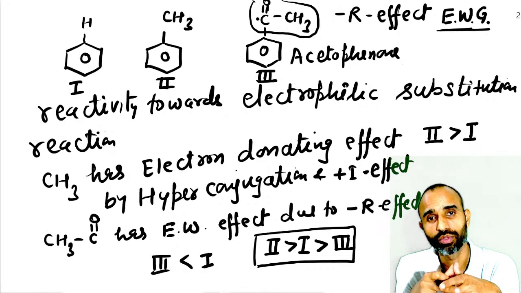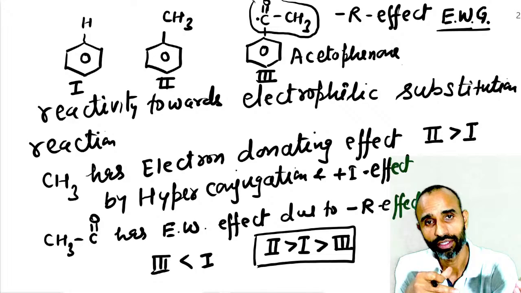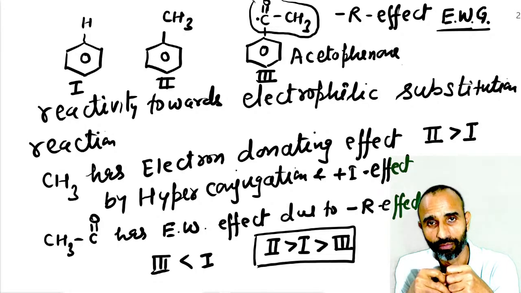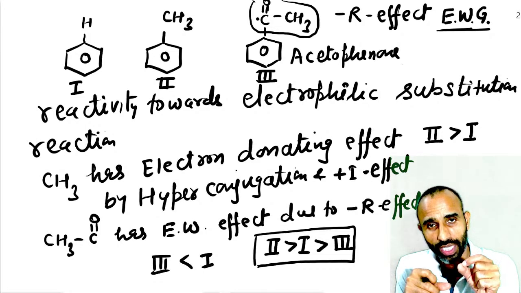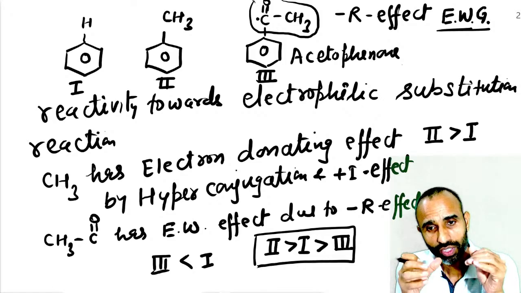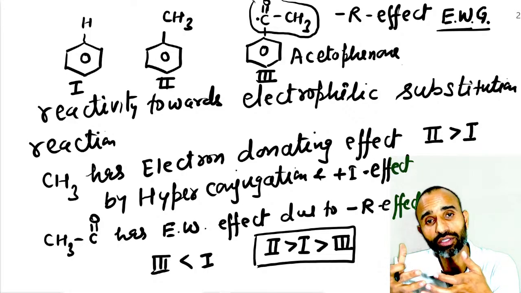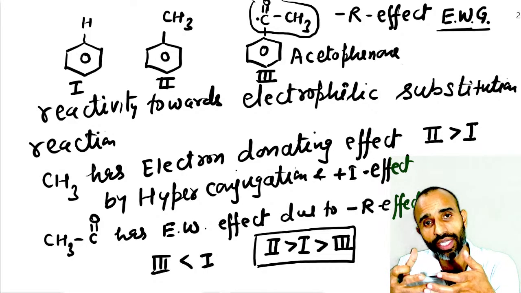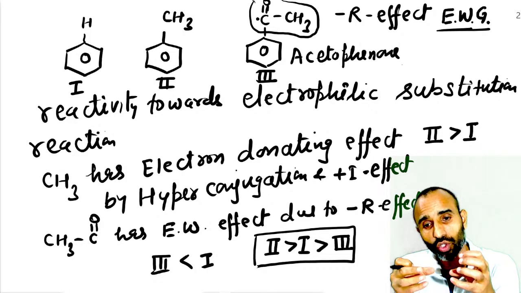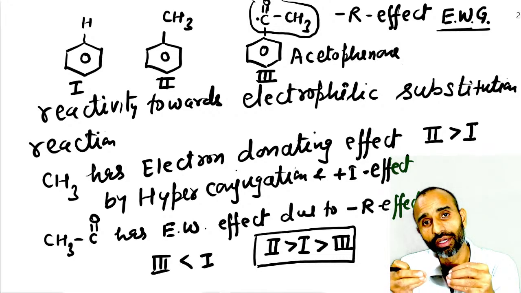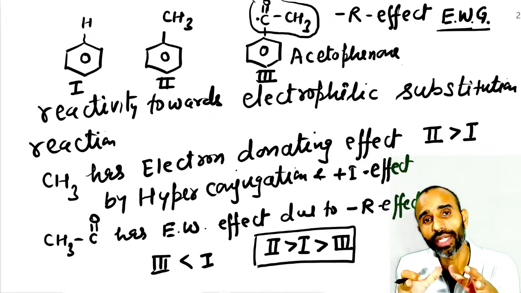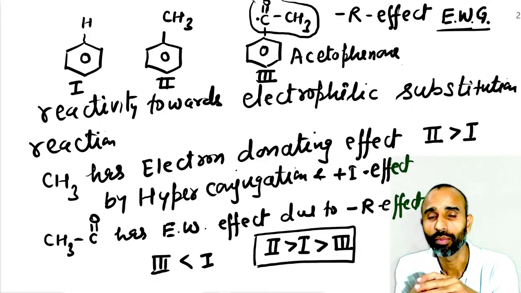But the CH3CO group, which has an electron withdrawing effect, decreases the electron density on the ring, and that's why electrophile attack on the ring is somewhat hindered, decreased as compared to normal benzene.